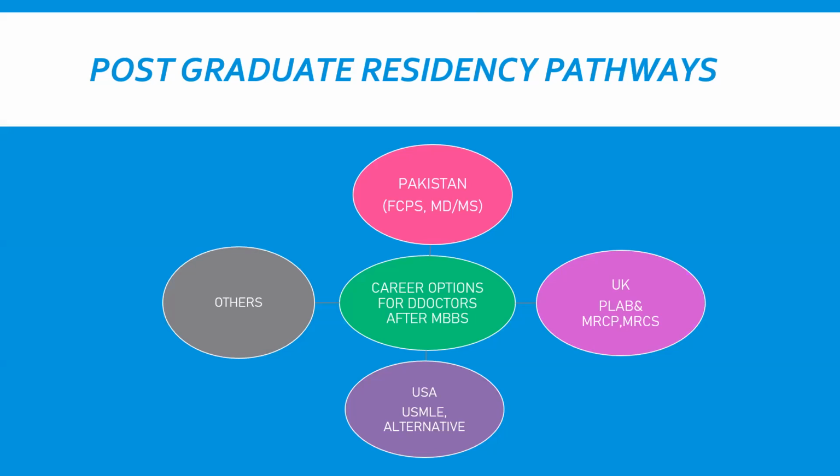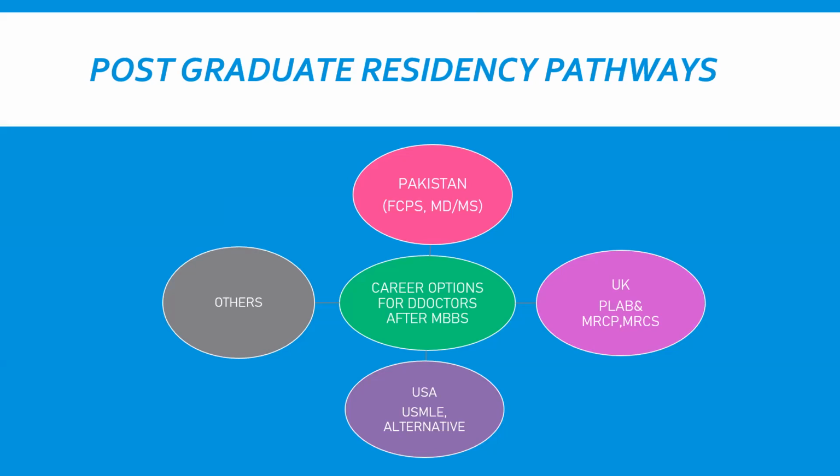Like if you are looking for postgraduate residency in MS/MD, like in Pakistan Institute of Medical Sciences, which is PIMS, or through the JCAT pathway, which is Joint Centralized Induction, there you can be inducted in these specific hospitals.